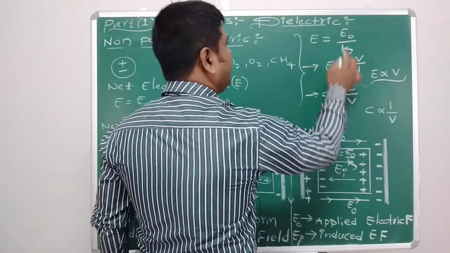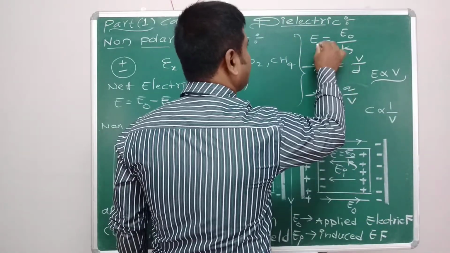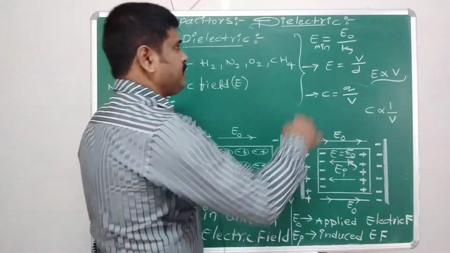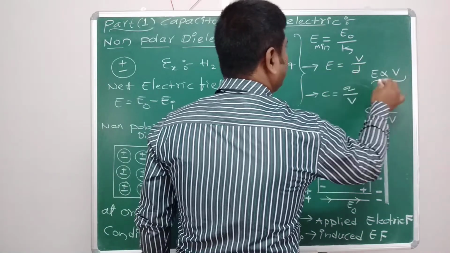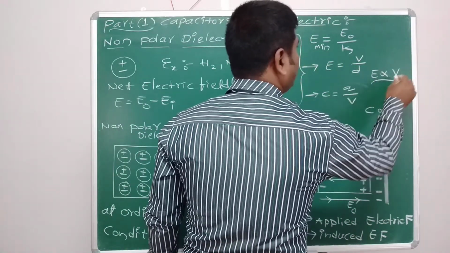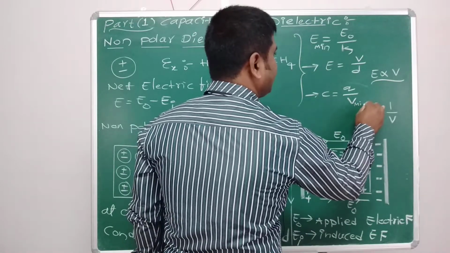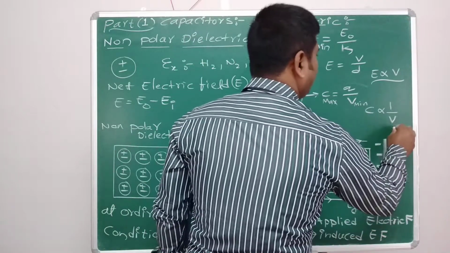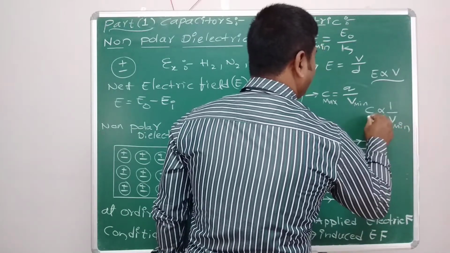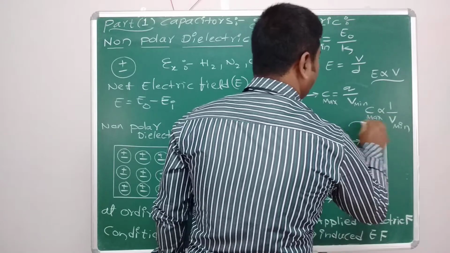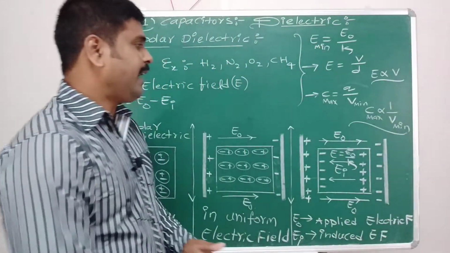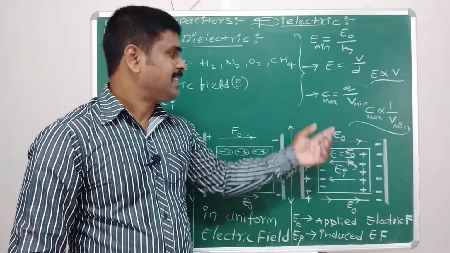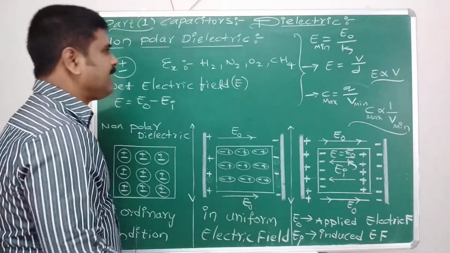Here the net electric field is decreased, so I am writing minimum. Then the electric field is minimum, so the potential is also minimum. Minimum potential means capacitance is increased. So potential is minimum and capacitance is maximum. That's why, due to the dielectric substance, that too a non-polar dielectric substance, the capacitance of the capacitor increases.